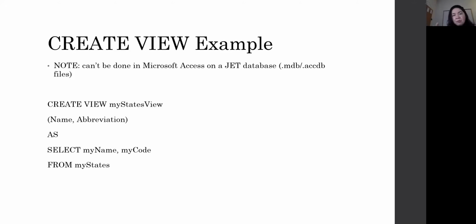So this is a very user-friendly, user-centric type of thing. Instead of our weird database names, we're going to say name and abbreviation. So you have something like Washington, WA, instead of, you know, my name, my code. What in the world does that mean?